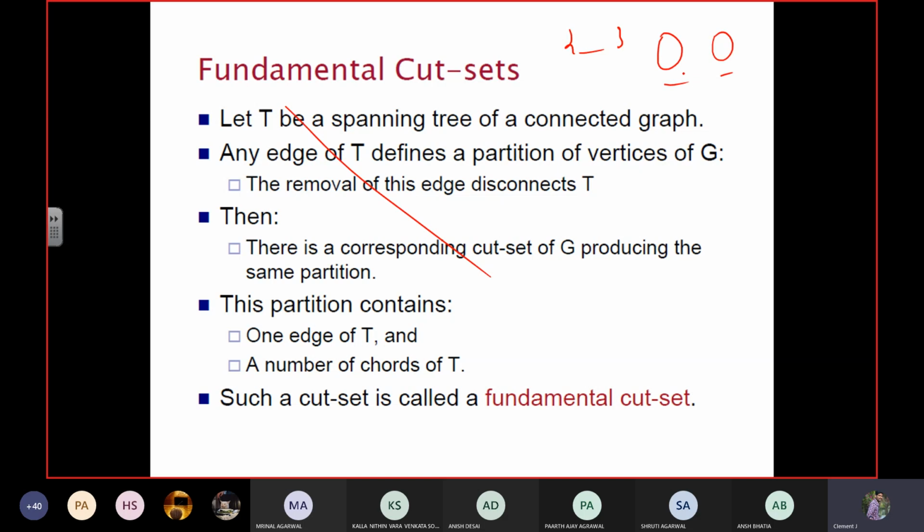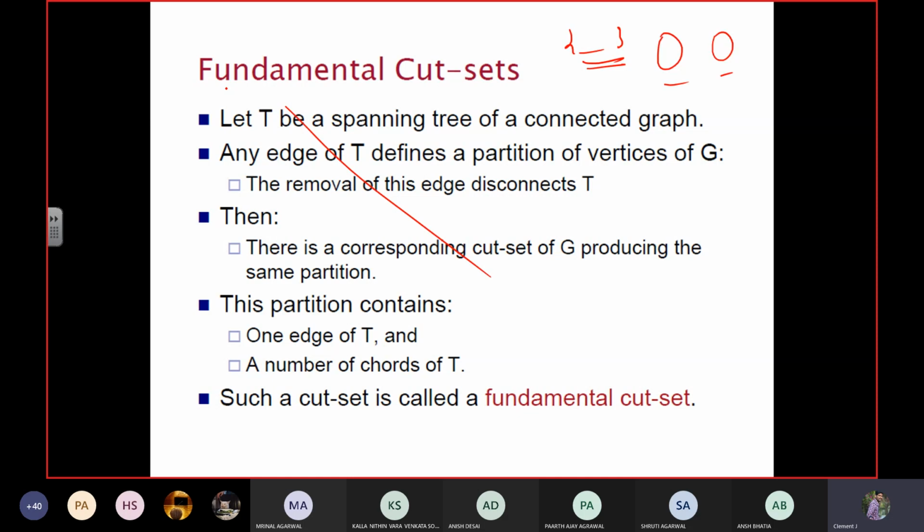Both components can be called separate subgraphs of the original graph G. By removing some number of edges, you get exactly two connected components. Then those edges can be put into one set. Such a set is called a cut set. That is the definition you have already come across.